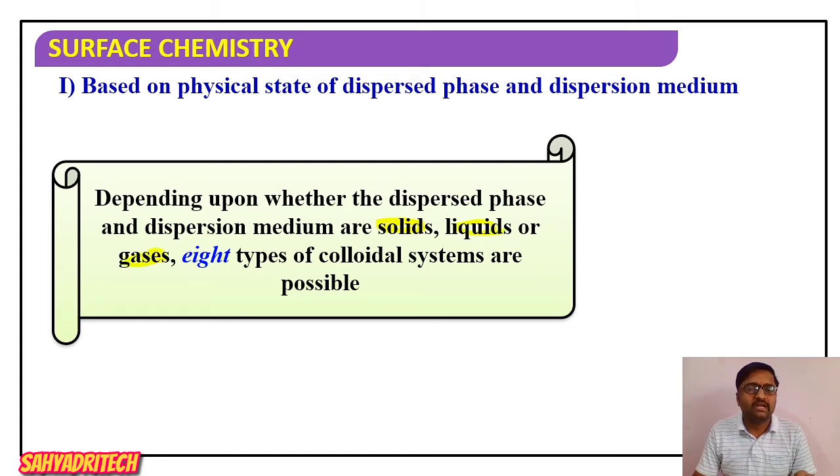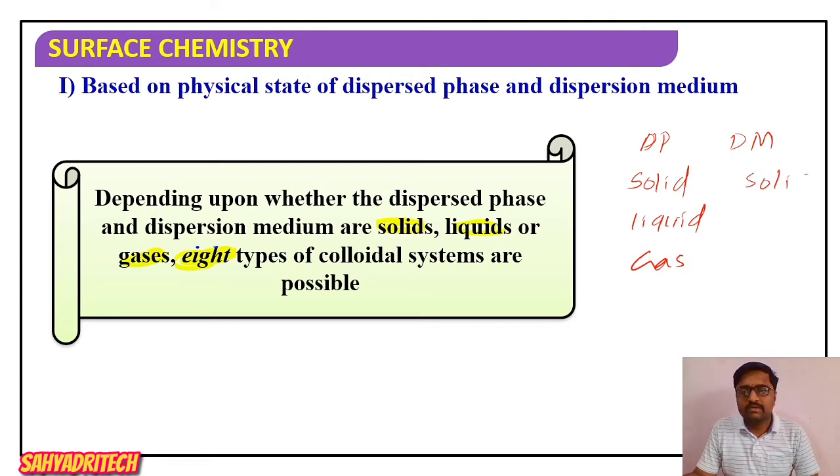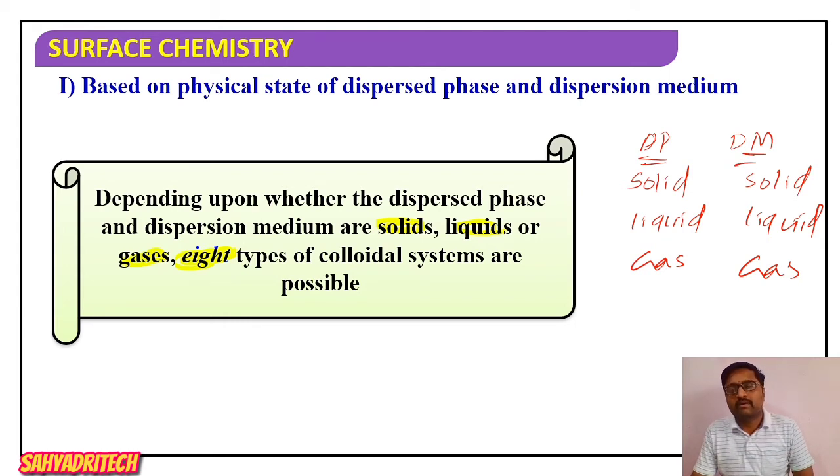There are totally 8 types of colloidal systems possible. Considering the dispersed phase and dispersion medium combination, the dispersed phase may be solid, liquid or gas. Similarly, the dispersion medium may be solid, liquid or gas. Both have possibilities.